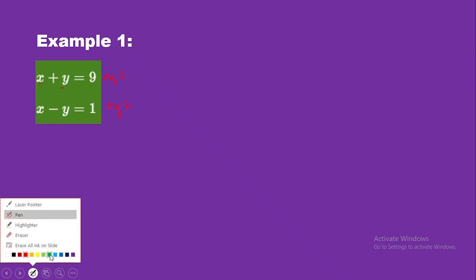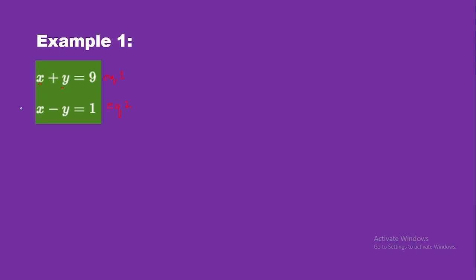Let me change the color of my pen. So I am going to add. The reason I did not multiply one equation or the other is because when I look at both equations, I realize just by adding I can eliminate one of my variables.